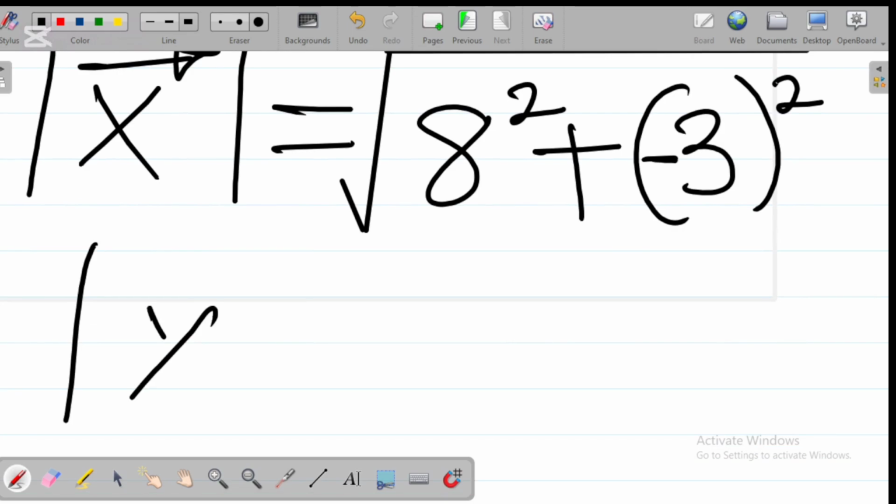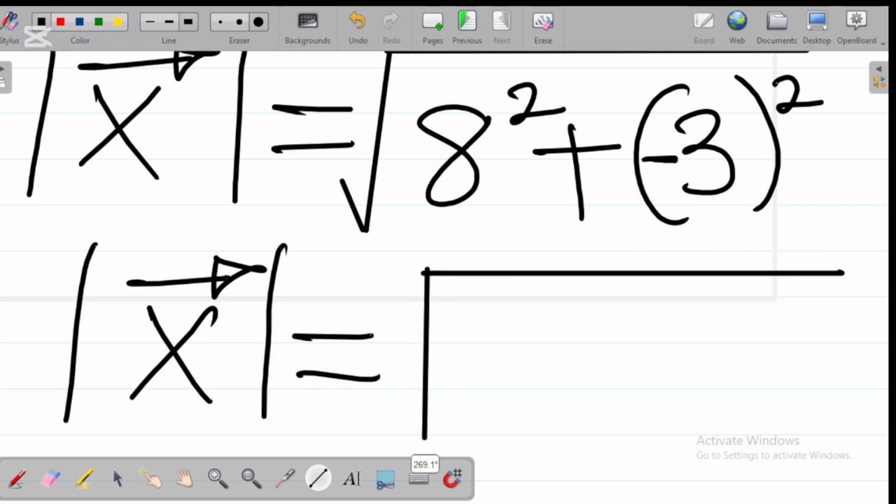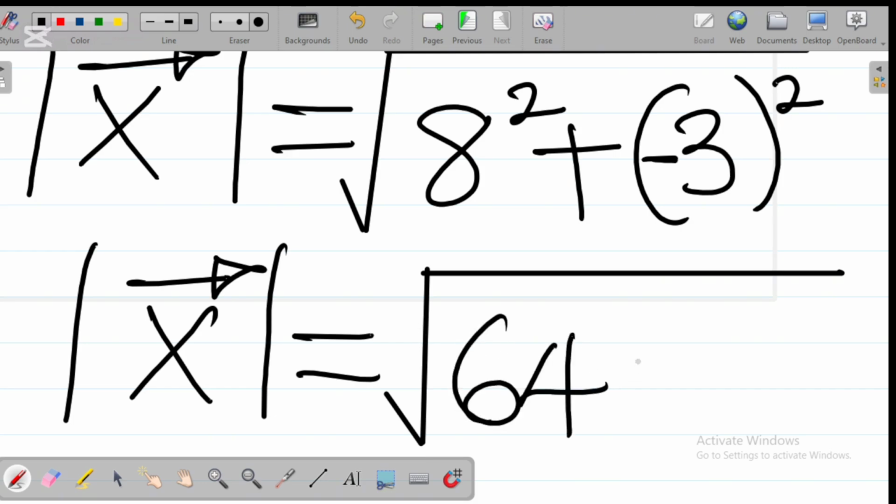So the magnitude of vector x is equal to square root of 8 raised to power 2 is 64, plus negative 3 raised to power 2 is 9.